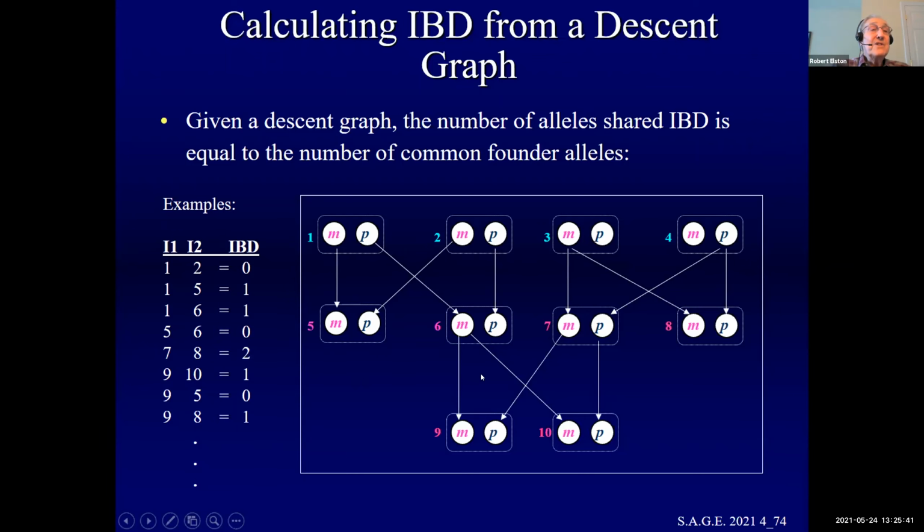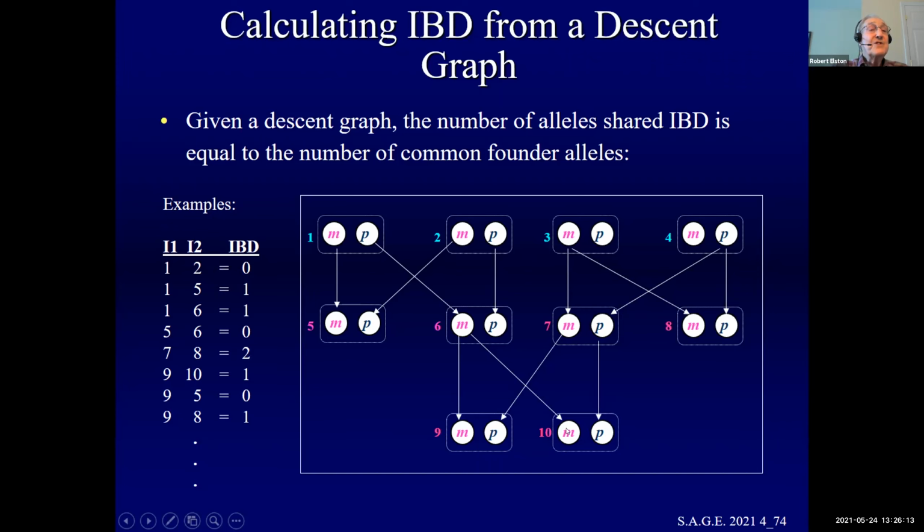7 and 8. Look at 7 and 8. They share this one and this one. Sorry, am I at 7 and 8? They share this one and they share this one. So they share 2 alleles identical by descent. 9 and 10, how many founder alleles do they have?